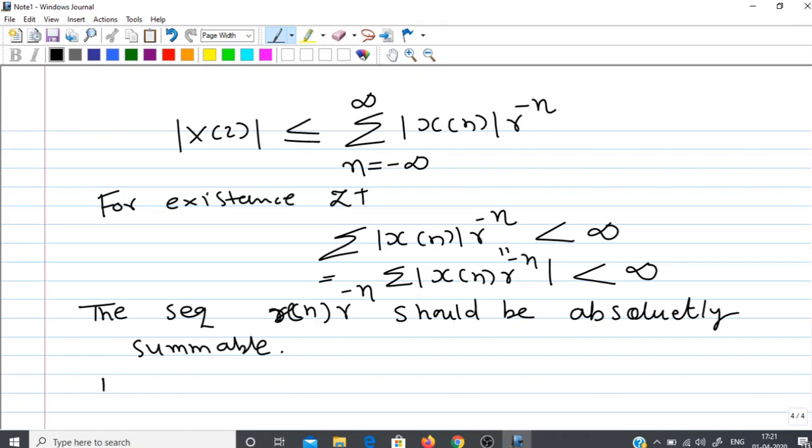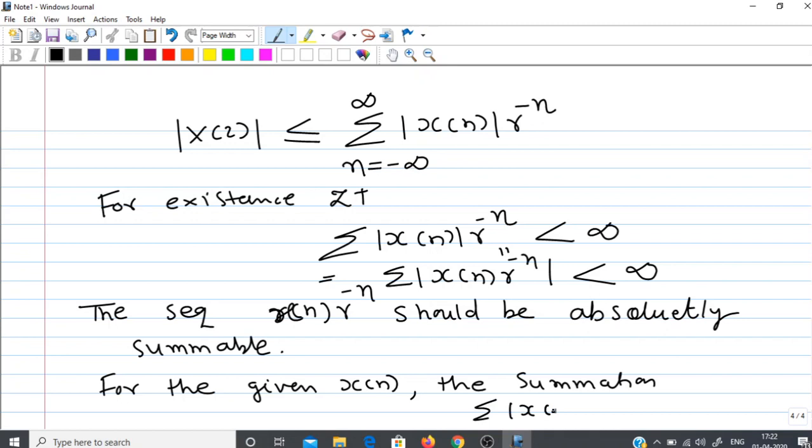Now for the given x[n], the summation, which summation? This summation of mod x[n] r to the power minus n may be finite or it may be infinite.